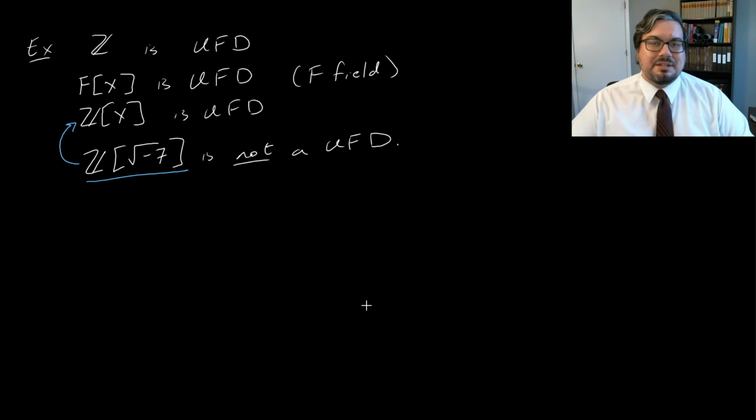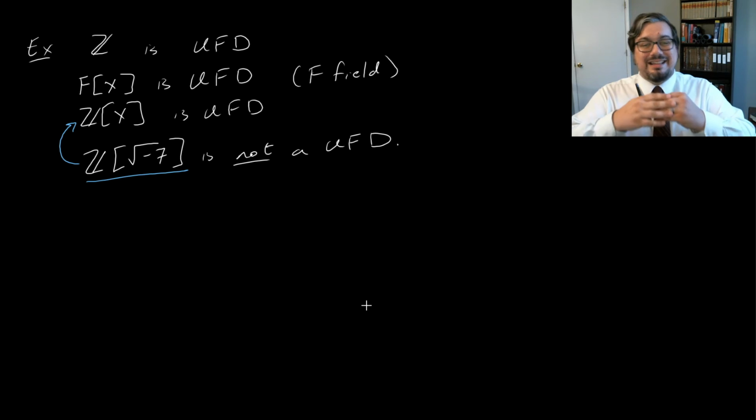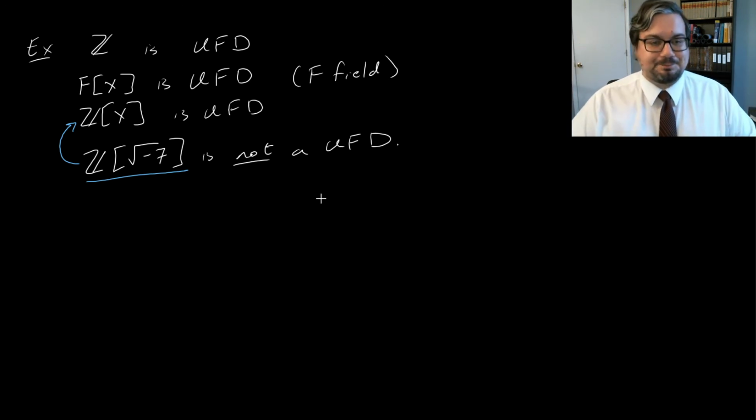Part of the reason why we define it in terms of irreducible elements is that irreducible elements are often a little bit easier to work with. There are fewer things to check. You just have to check that this one element can't be broken up into smaller ones, rather than the primality condition, which requires you to check all possible ways that an element can divide a product of two other elements.